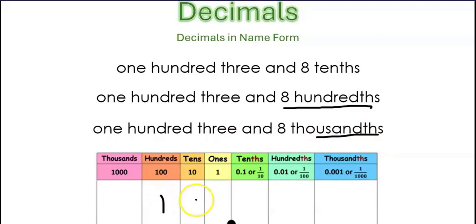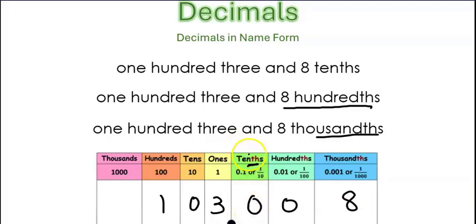That means I put in the 103 and the 8 goes in the thousandths. Now I have to put these 2 zeros here in order to make it correct. Because if I don't, then it would no longer be in the thousandths. If that 8 ends up right beside the decimal point, then it would be in the tenths place.